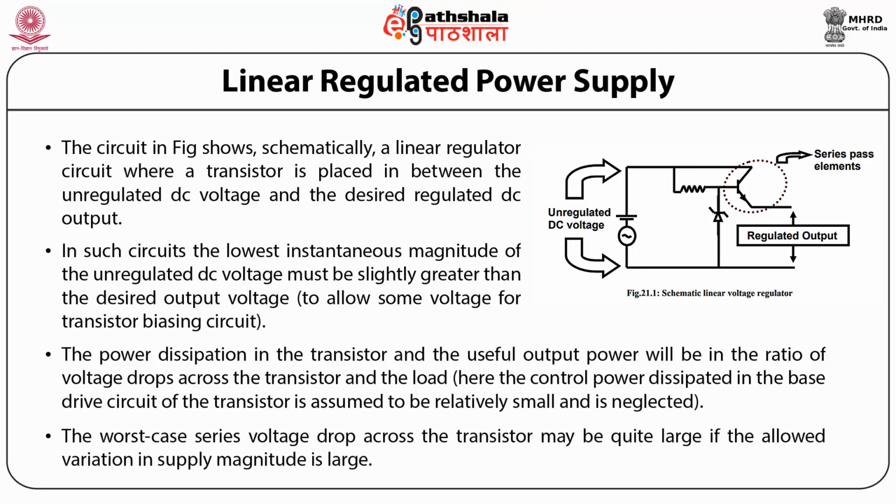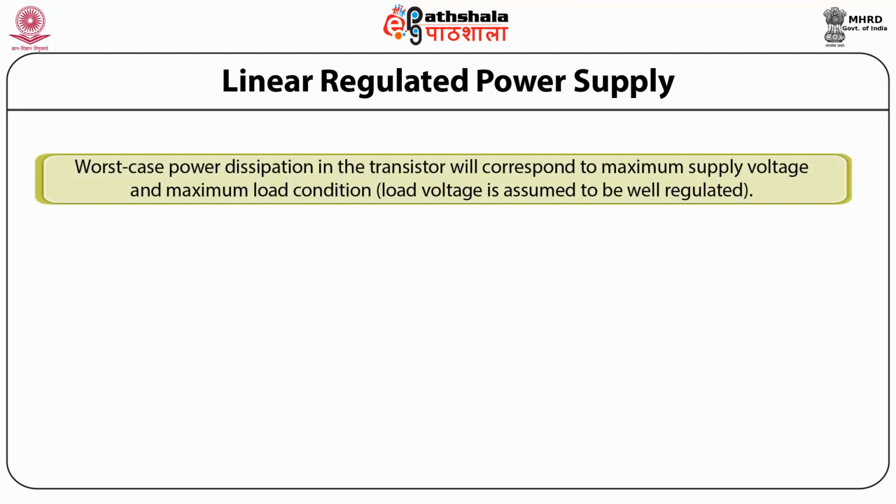The worst case series voltage drop across the transistor may be quite large if the allowed variation in supply magnitude is large. Worst case power dissipation in the transistor will correspond to maximum supply voltage and maximum load condition. Load voltage is assumed to be well regulated.